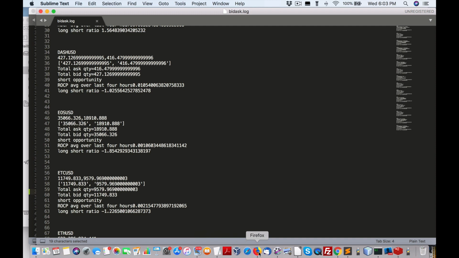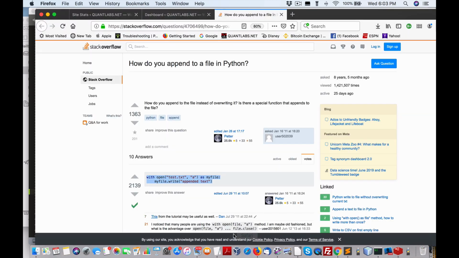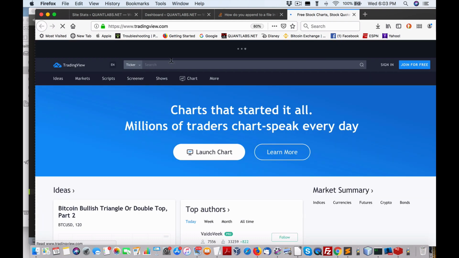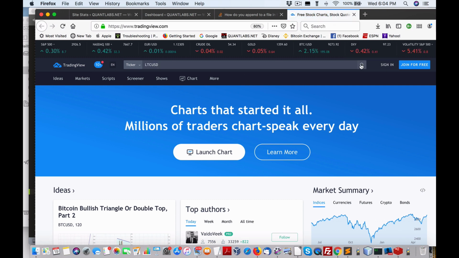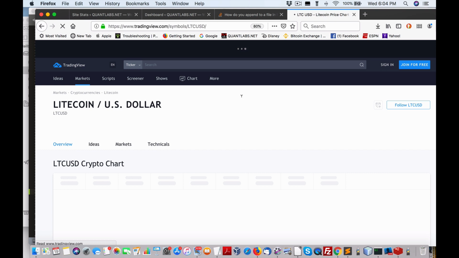So if I go into TradingView and look at, let's say, Litecoin USD right now, since this file was just generated, hopefully I'll be able to show the ratio of intraday trading opportunity, and we can measure price.